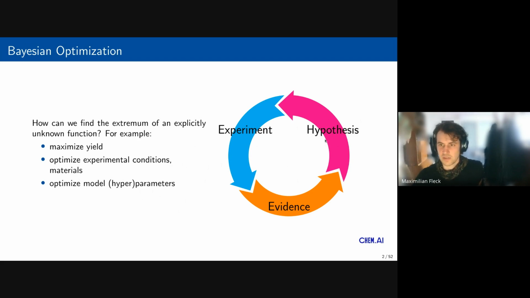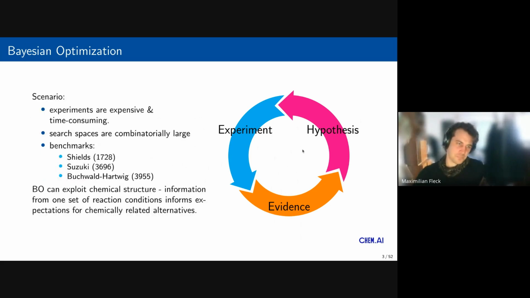Those and the acquisition function are what we use to suggest new experiments. Through those experiments, we create new evidence, and we use this newly gained evidence to modify our hypothesis. We repeat this until we get what we want or until we run out of our experimental budget. The second one should be avoided, obviously.